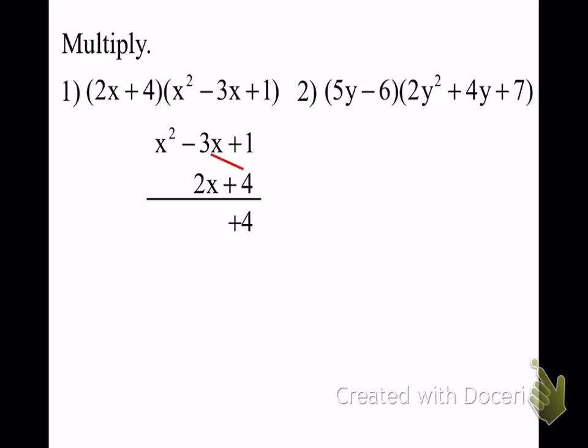4 times 1 is 4, negative 12x, sorry, and 4x squared. And 2x times 1 is 2x. Put it under the 12x. 2x times negative 3x is negative 6x squared. And 2x cubed. Line them up.